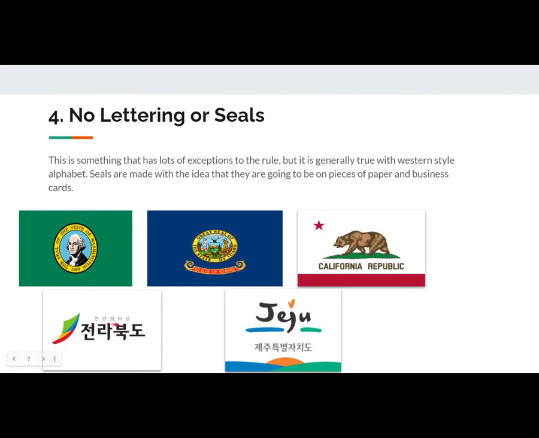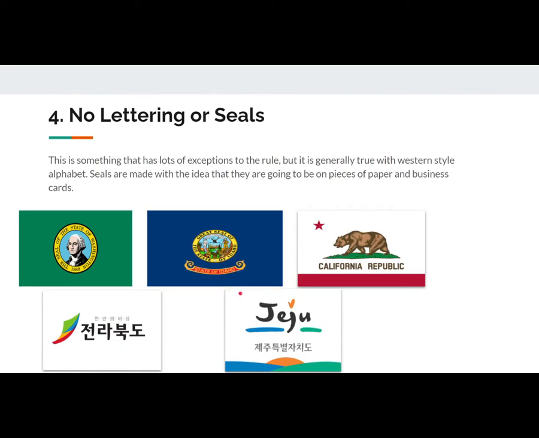Then you've got Chungcheongnam-do, okay, and you've got this thing. I don't know what that is, but that's the flag. How are you supposed to identify that? If you're 1,000 yards away, or let's say 500 meters away, can you tell what flag that is? No, you can't. So that's a very weak flag.